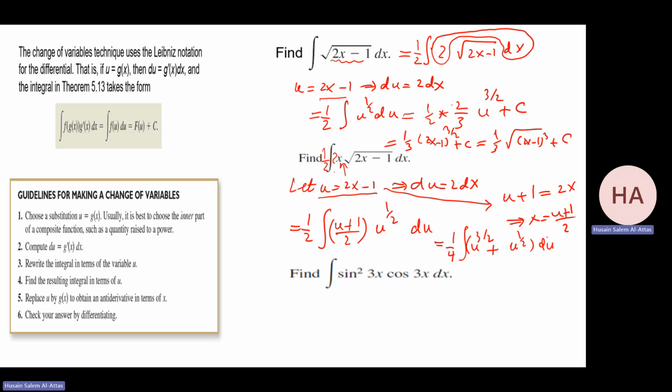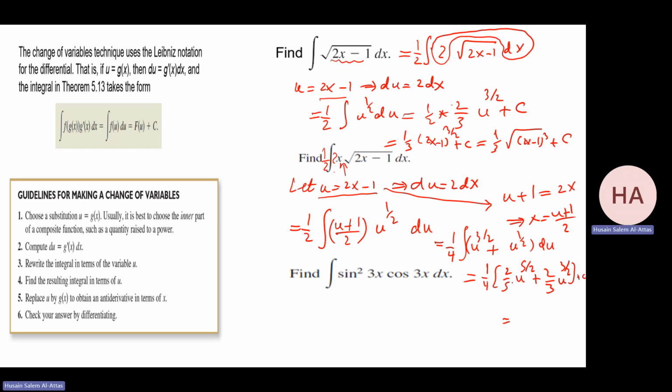Until now, I did not do the integration. Now that will be what? 1 over 4. This is we add 1, 2 over 5, u to the power 5 over 2, plus 2 over 3, u to the power 3 over 2, plus c.